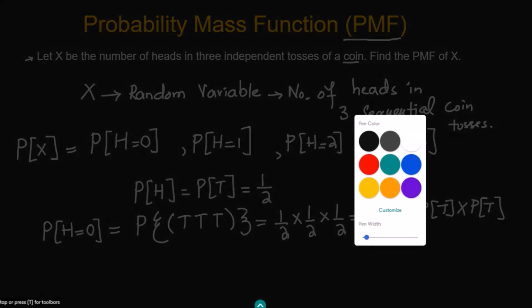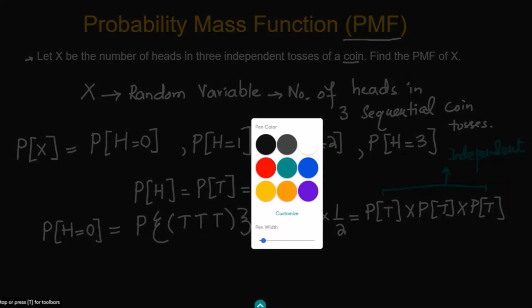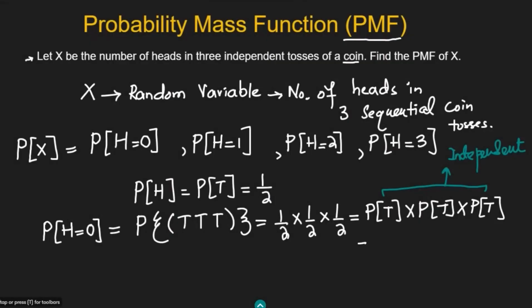Why is this? Because these are independent events, so their probabilities are multiplied together, and at the end I will get 1/8, which is the probability of heads equal to 0.